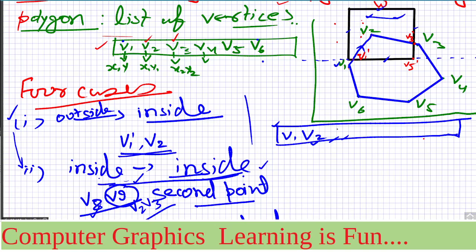So V2 is already present. Let me also append V3 there. I believe this will be easy to understand, that this case V2 to V3 is the second case, inside with respect to the lower boundary.